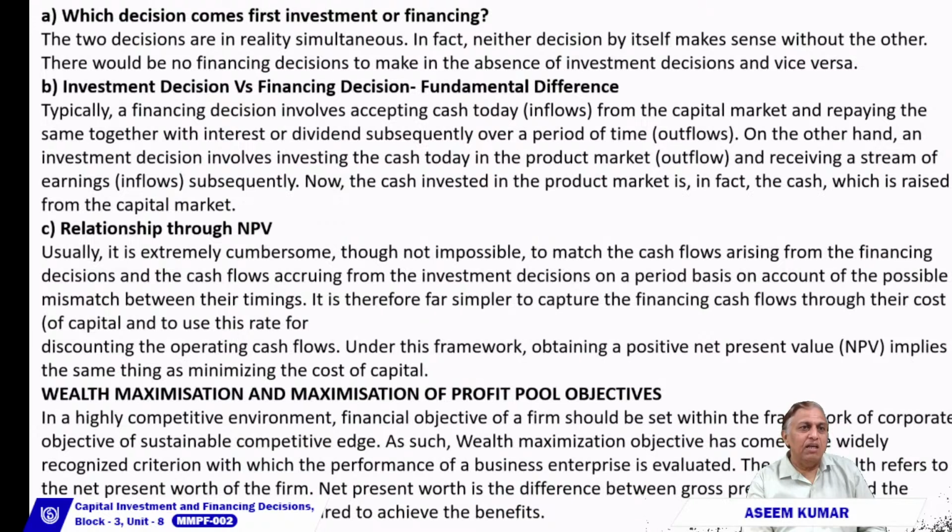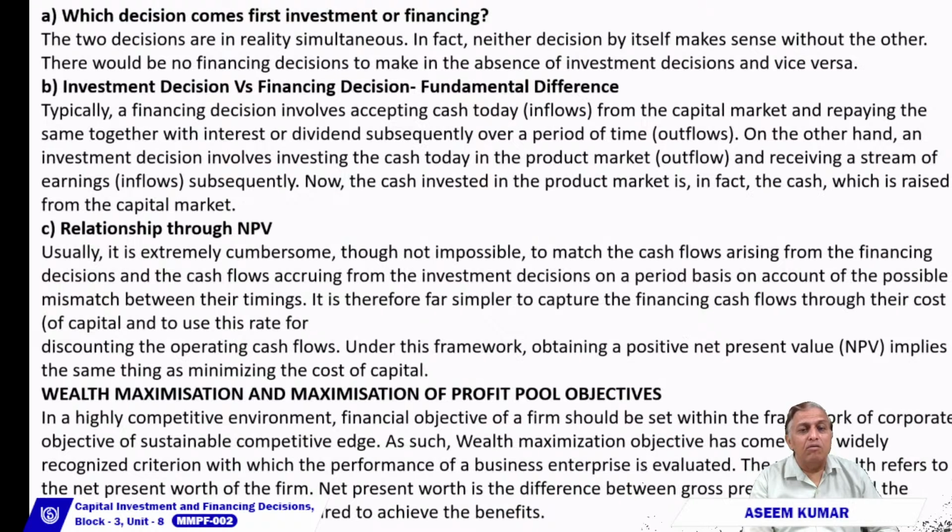Like we have just seen earlier, which decision should come first? It may be simultaneous. So which is first and which is the second one? They are following each other. So definitely there will be a time gap as well.